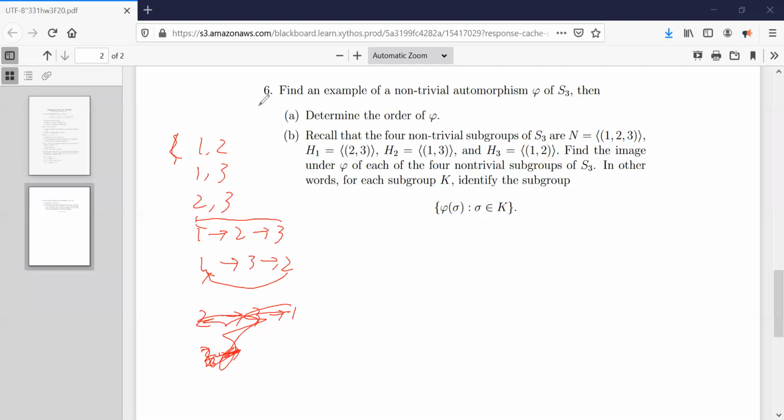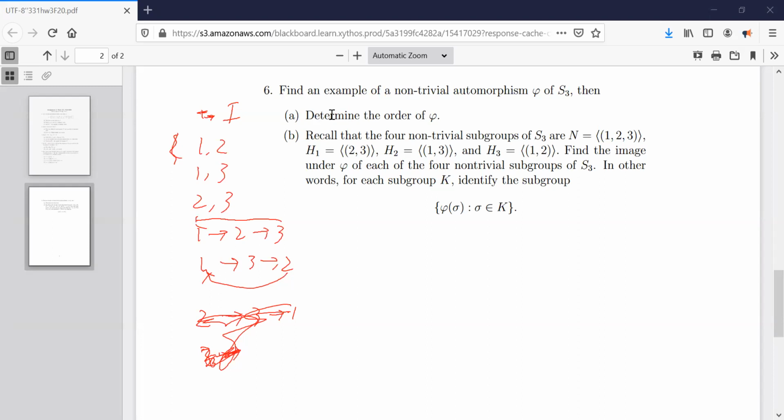Because we don't have the identity automorphism. We should get 6, so that's good. Does this make sense? Or does this feel like I just pulled something out of a hat? So we don't include the identity because it goes to itself.